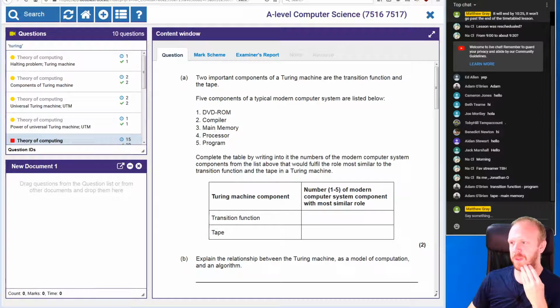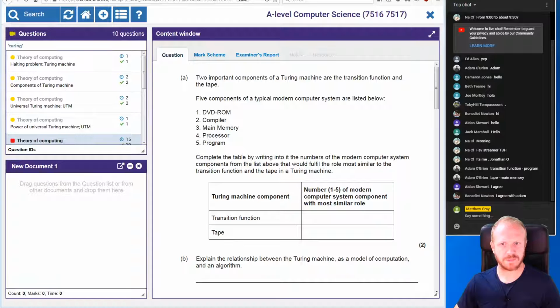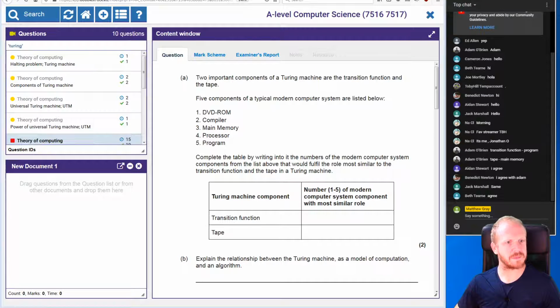Adam also reckons the tape would be the main memory. Is everyone else stuck on this? Okay, can't seem to get into Teams. I'll have to hope the chat here works.